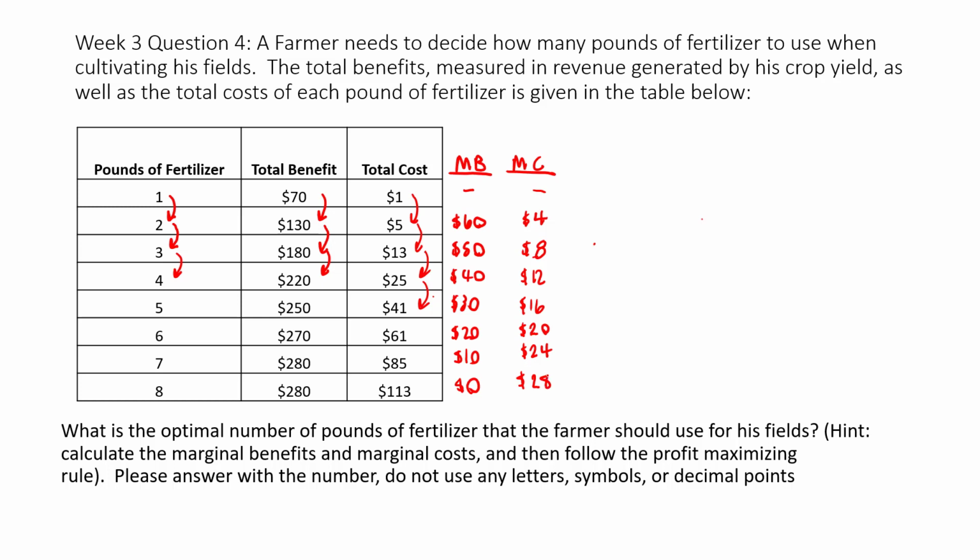Right? And in looking at that, you can see that following the profit maximizing rule, which is where marginal benefits is equal to our marginal cost, that happens right here. So 6 units of fertilizer is the answer you were looking for. Now, if you had stopped at 5 because that 6th unit doesn't add any extra benefits above the marginal cost, that's not necessarily incorrect.